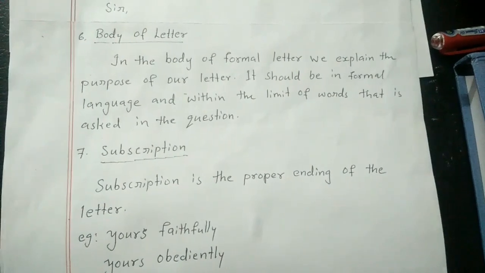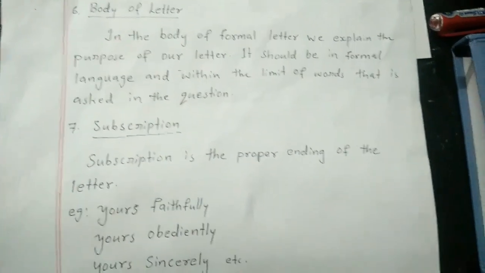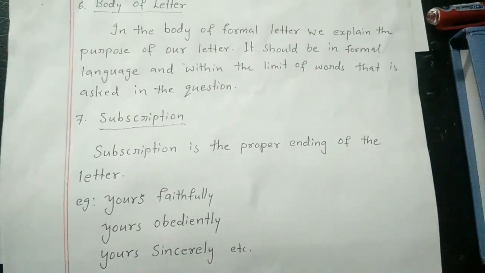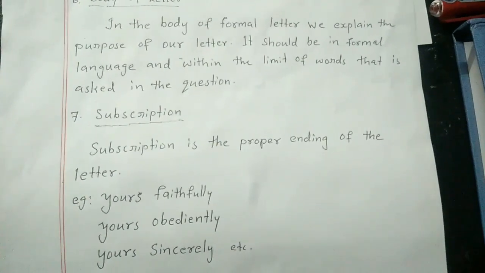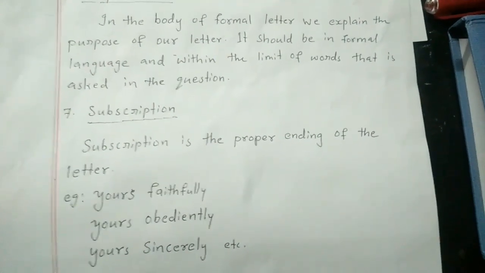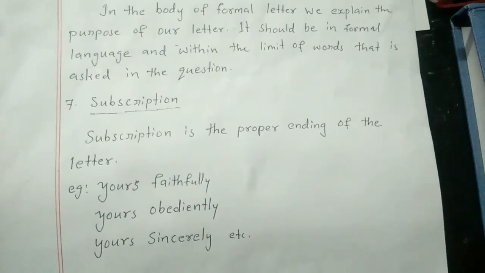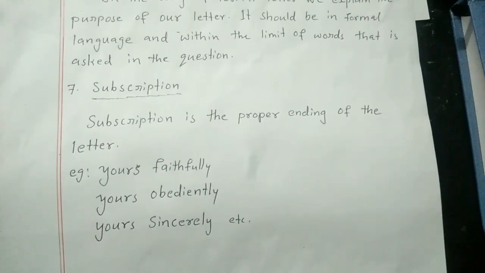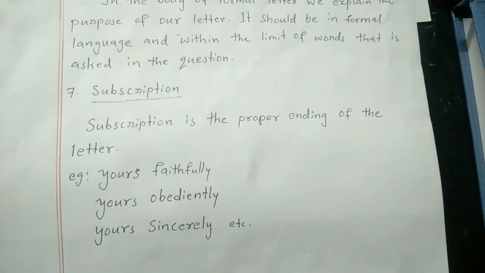That is the seventh and last step for writing a formal letter. After writing the heading, give the explanation. Subscription is the proper ending of the letter. The examples are yours faithfully, yours obediently, yours sincerely, etc.